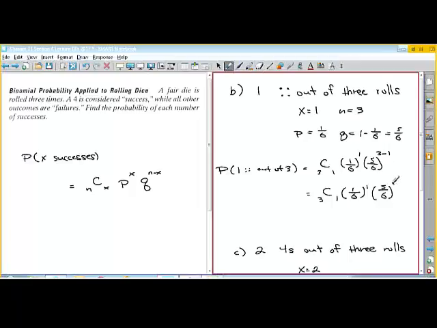So I want you to pull out your calculators and do these calculations, just so that you know how to do it, or you know that you don't know how to do it, so you can ask me how to work it on your calculator. Let me get my calculator out.